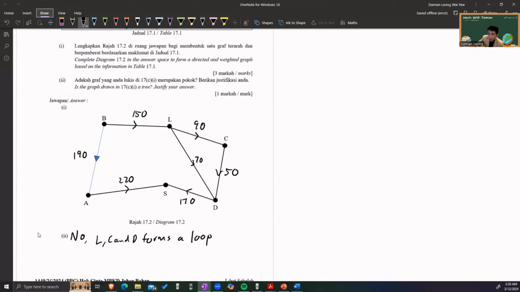Or I can say number of edges equals 1, 2, 3, 4, 5, 6, 7, 7. Number of vertices 1, 2, 3, 4, 5, 6 is 6. By right, number of edges should be 1 less than the number of vertices. So yeah, if there are 6 vertices, there should be 5 edges only for it to be a tree.